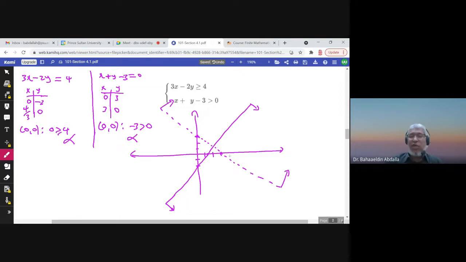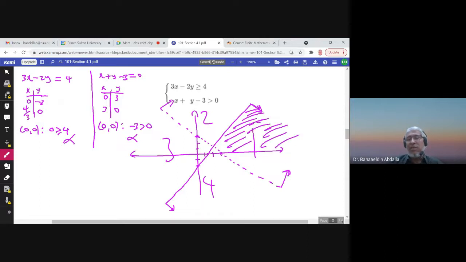Now these two lines divide the plane into four regions: 1, 2, 3, 4. Which region is the solution? It satisfies both conditions. Well, this arrow says it's here, and this arrow says it's here. So it's clear that this is the region.